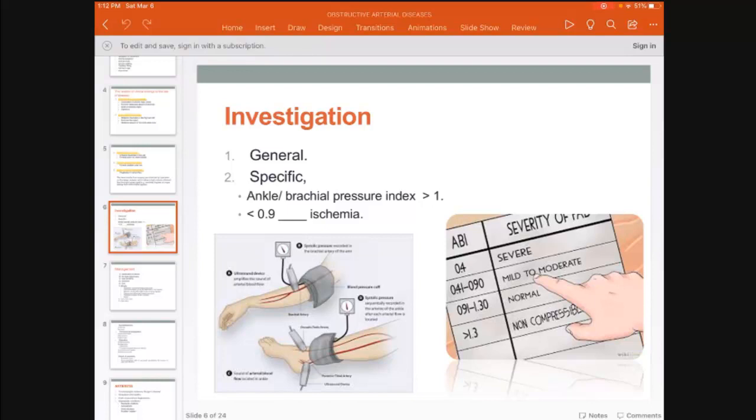For the specific ones, you should put two things that are important to complete the investigation of a lower limb vascularity problem.